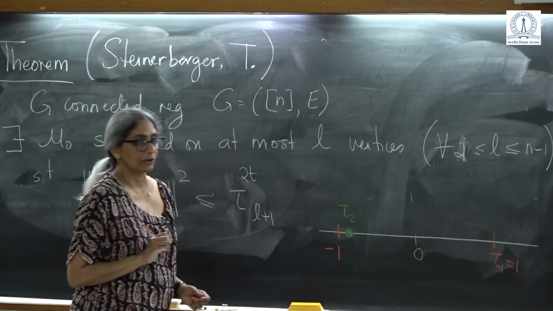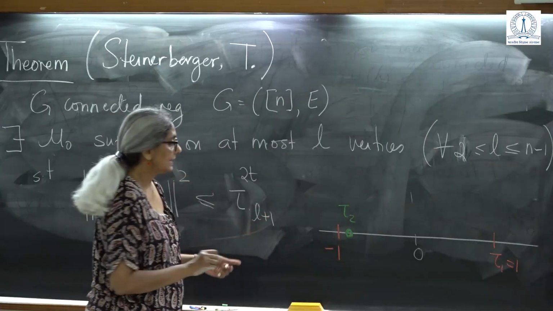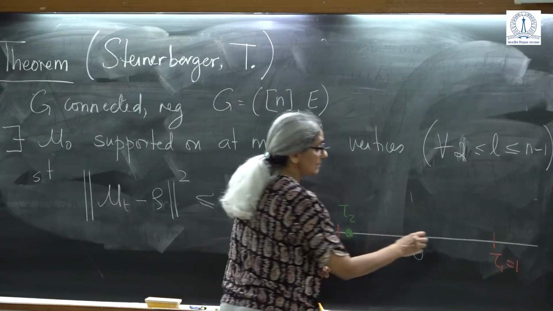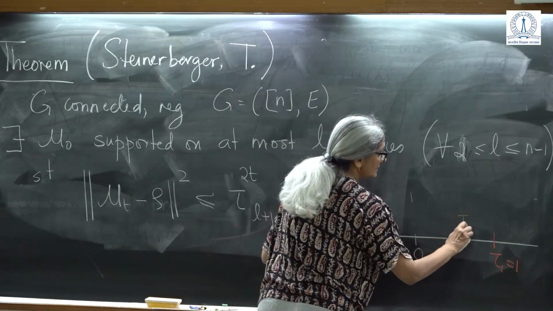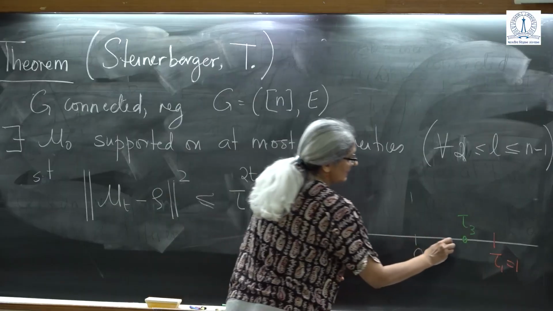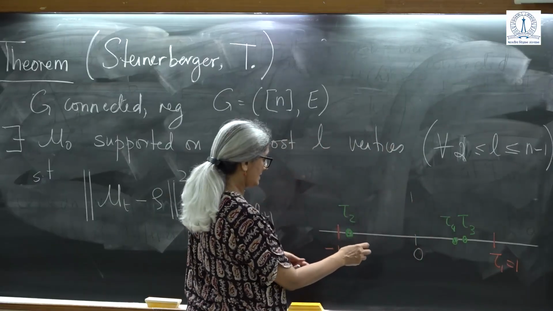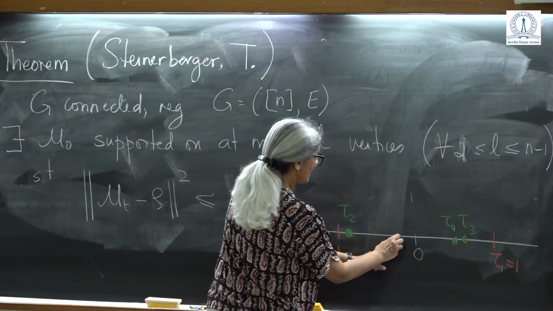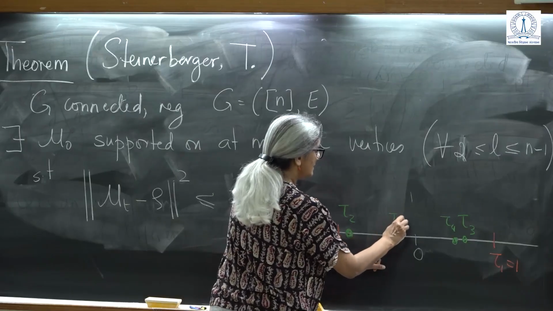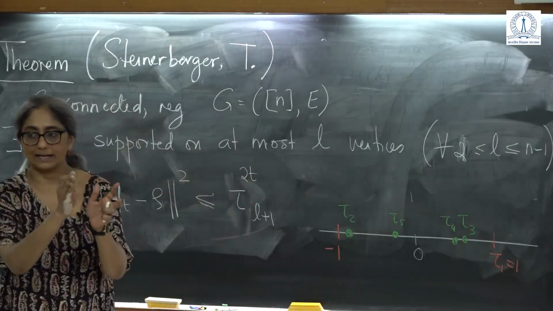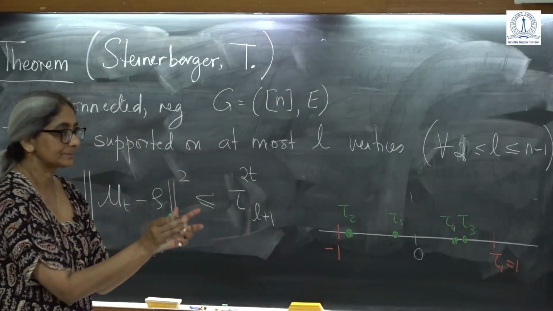This is what the folklore theorem is dealing with. But the next one is smaller in absolute value, right? So maybe the next one is here. This is tau 3. And it could be the next one is here, which is tau 4. And then the next one has to be smaller in absolute value, so it could be here, tau 5, and so on, okay? So this is how the spectrum is moving, right?